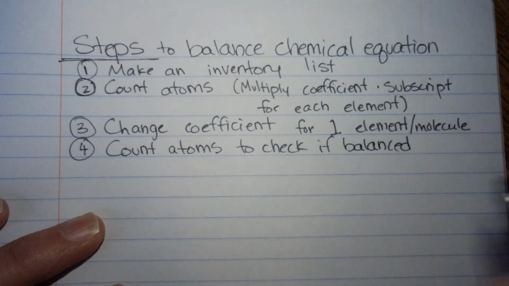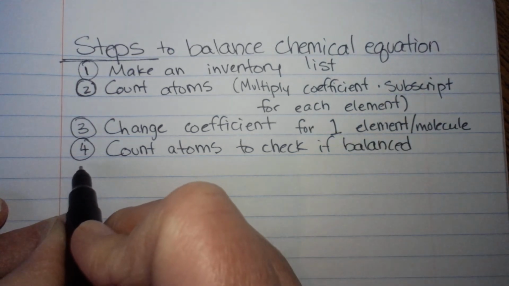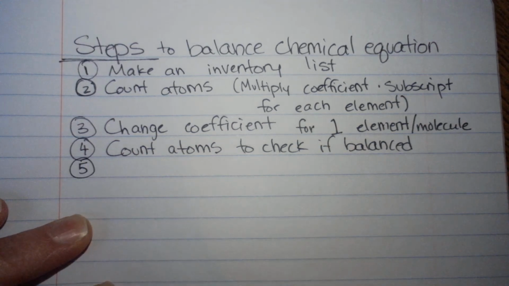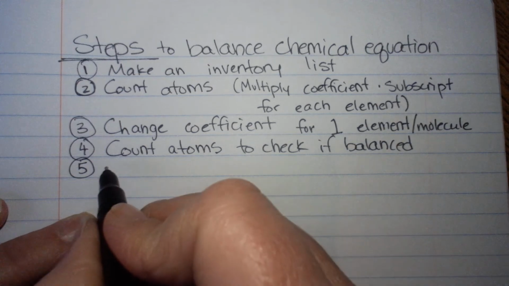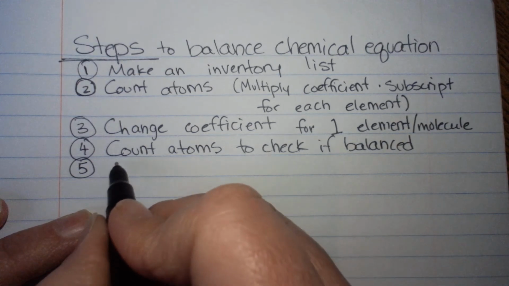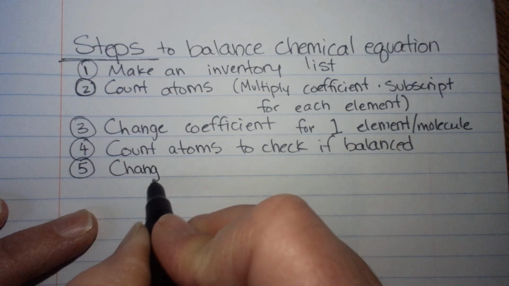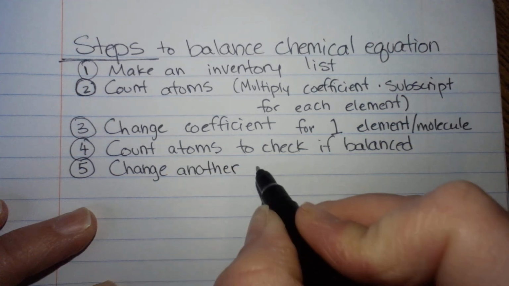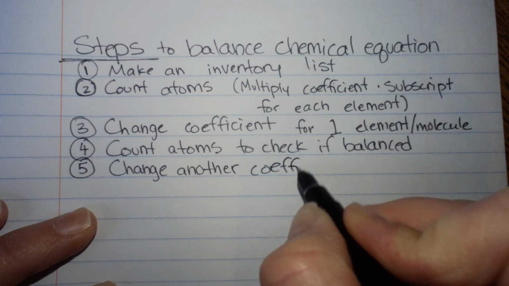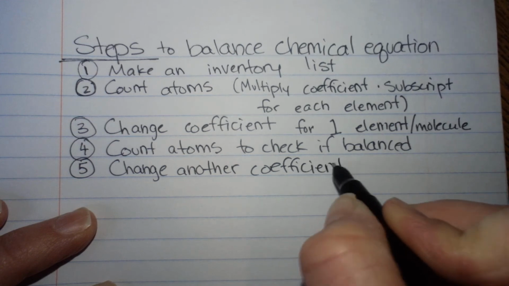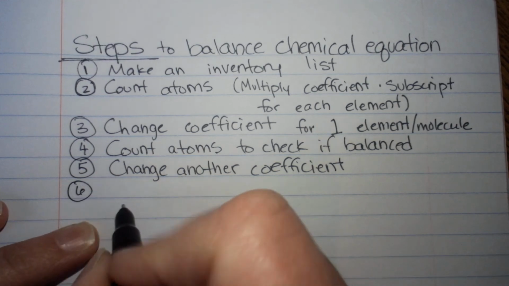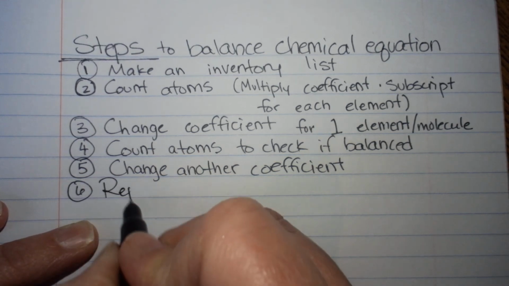Balanced is where they check and see if they're the same on the reactants and the product side. So we'll go through those examples. 5. Change the coefficient. This is the last one. Repeat 4 and 5 until balanced.